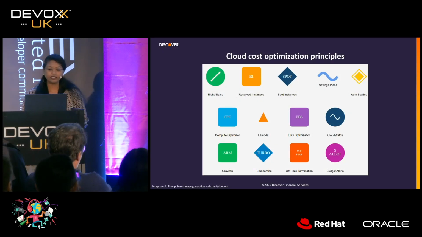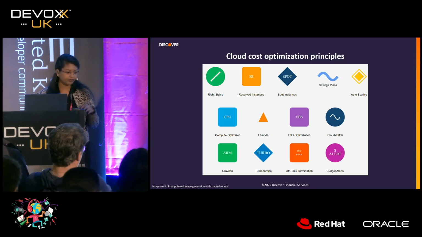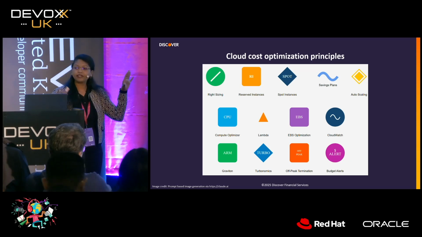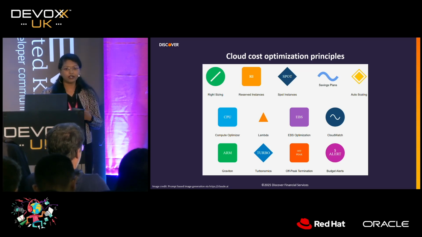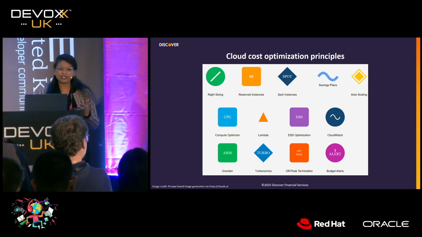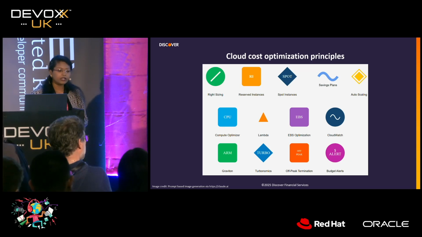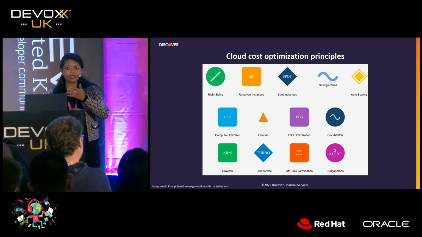Some of the tips or principles that would help are both proactive and reactive in nature. Proactive is where we plan and design upfront to make sure our resources are consumed right-fit, and we are not wasting resources. Some examples could be reserved instances and savings plans.